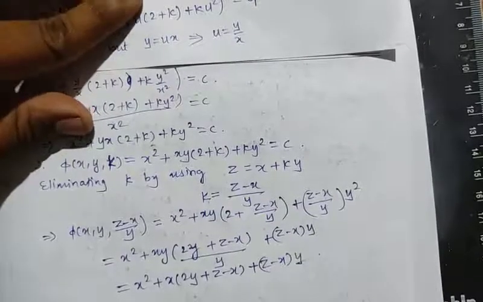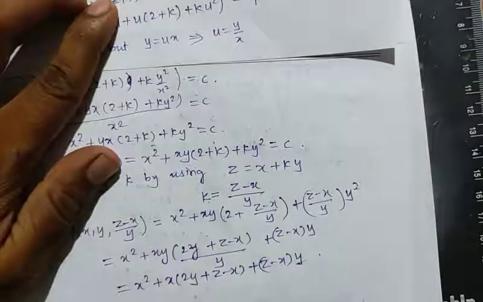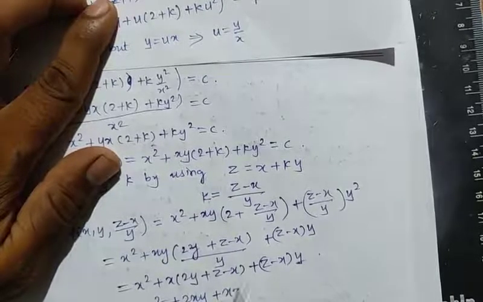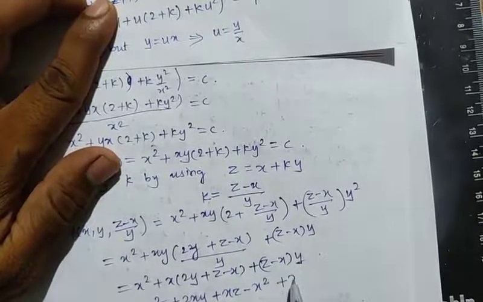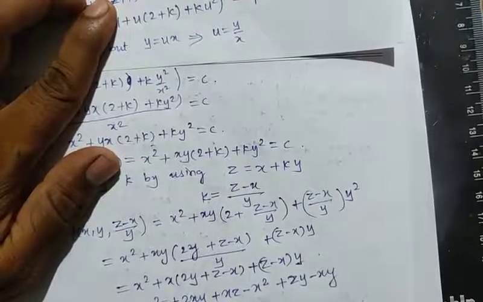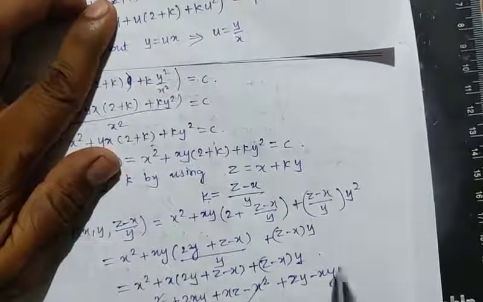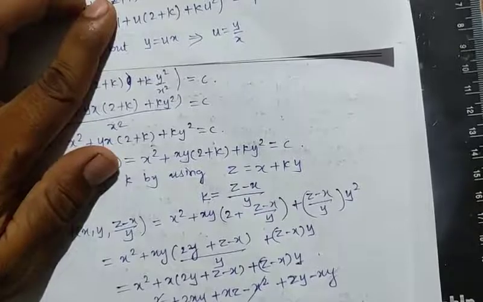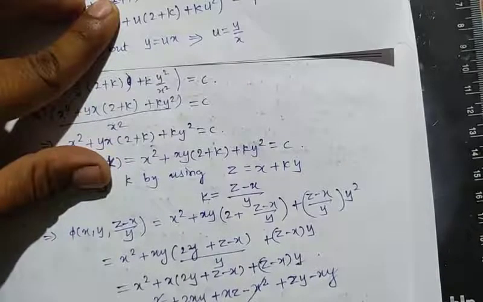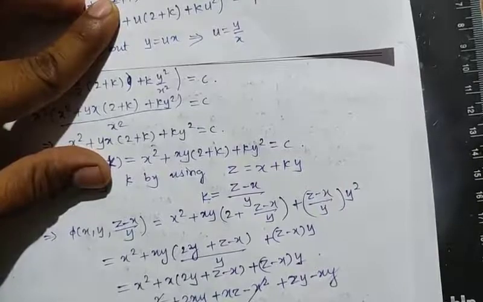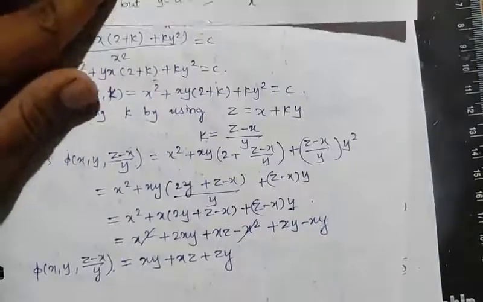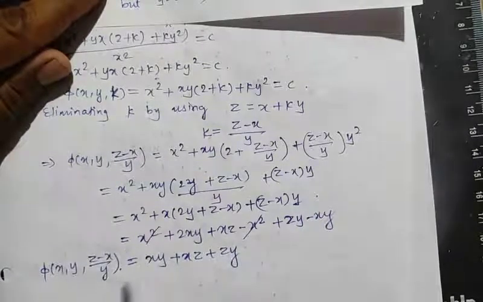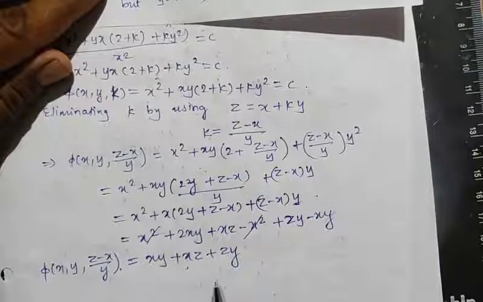After solving this, we get x square plus twice xy plus xz minus x square plus zy minus xy, which is equal to, x square gets cancelled, twice xy minus xy, we get xy plus xz plus zy. So we get phi of x y, z minus x upon y, which is x into y plus xz plus zy.